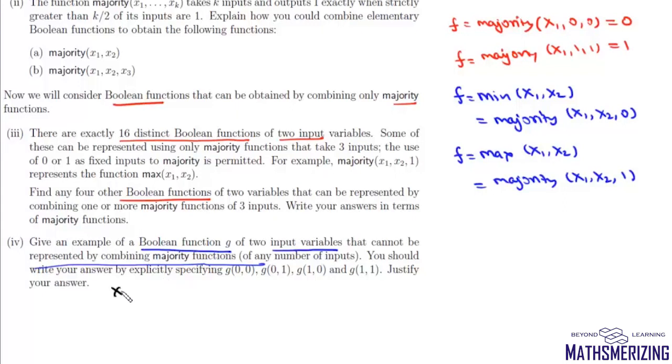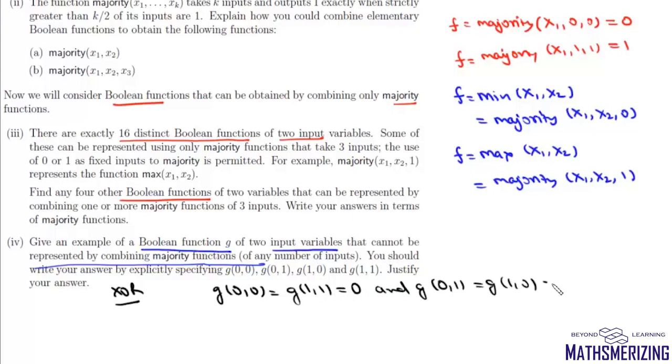One of them is simply the XOR function. If both the inputs are the same, it gives us the value 0, and if they are different, it gives the value 1.